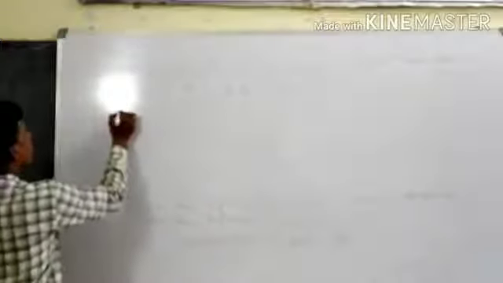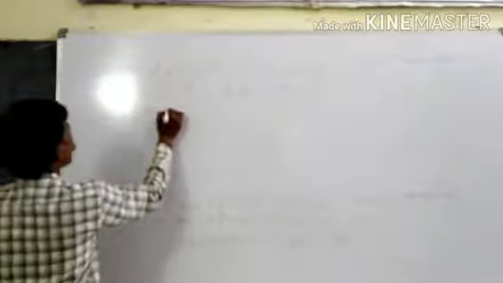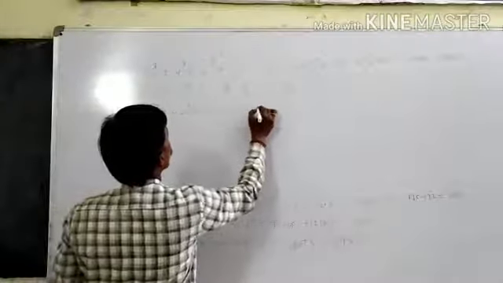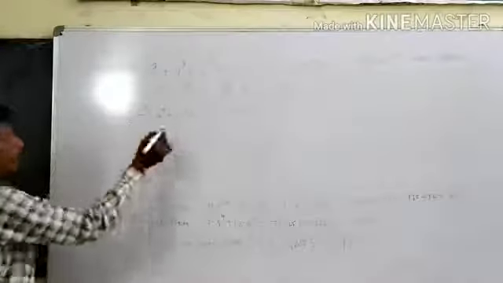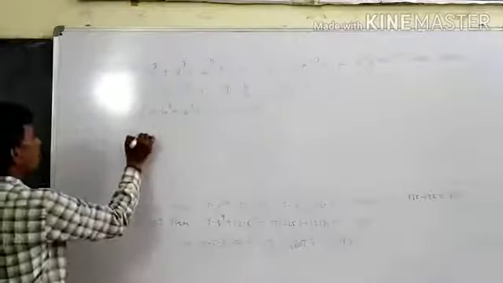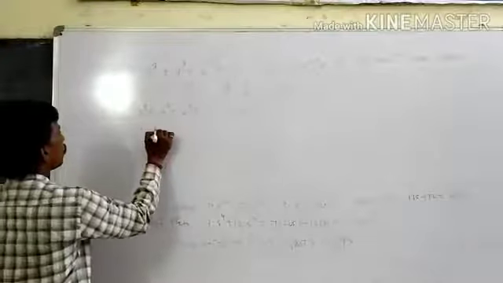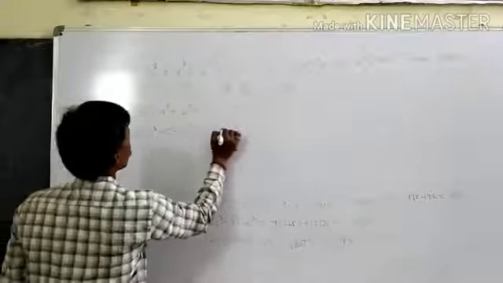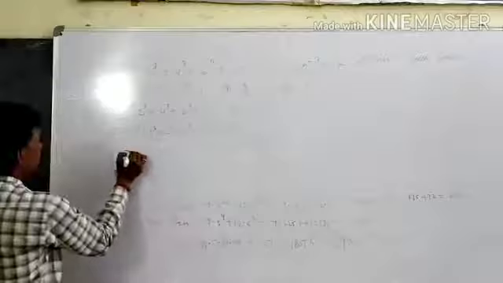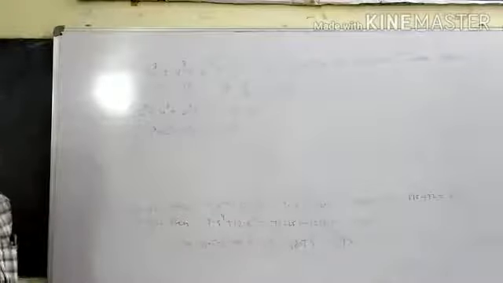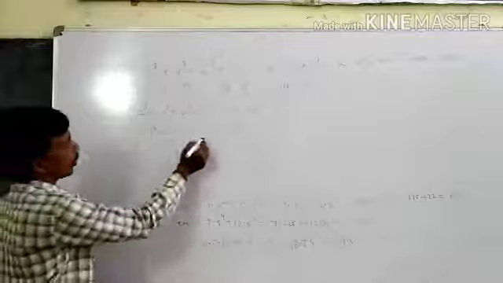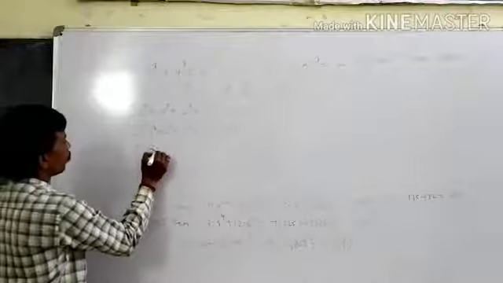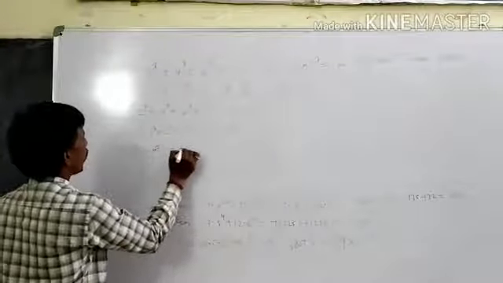Okay, so this is 2 cube, 4 cube, 6 cube, and so on, 2n whole cube. The common value is 2 cube. 2 cube is common: 1 cube plus 2 cube plus 3 cube plus so on plus n cube, which is the sum of the cubes of the first n natural numbers. So that value is sigma n cube. 2 cube is 8.